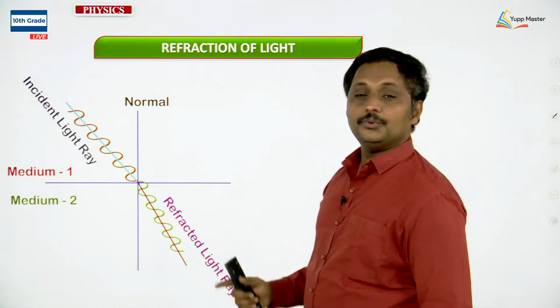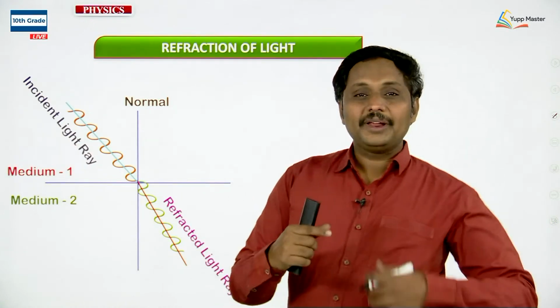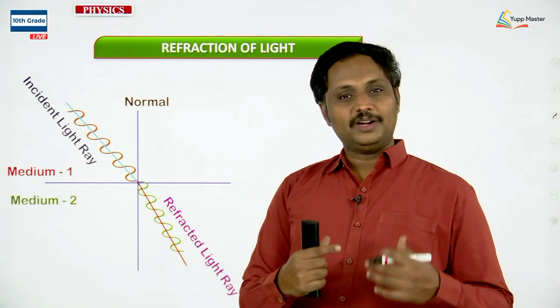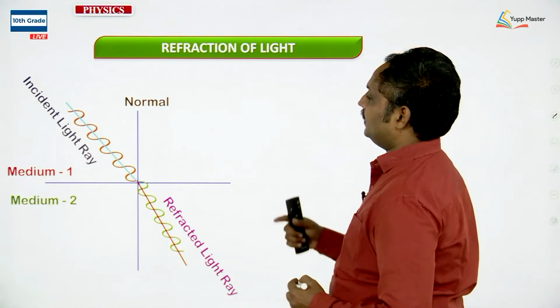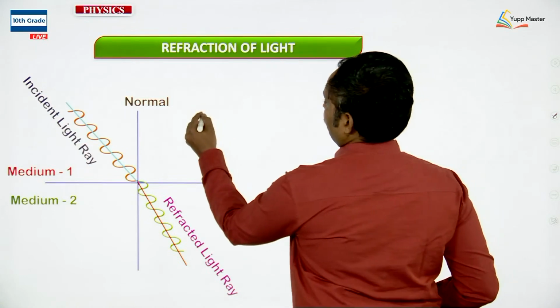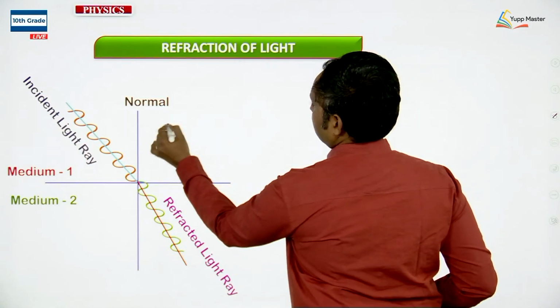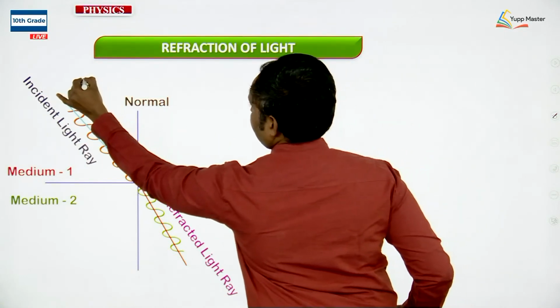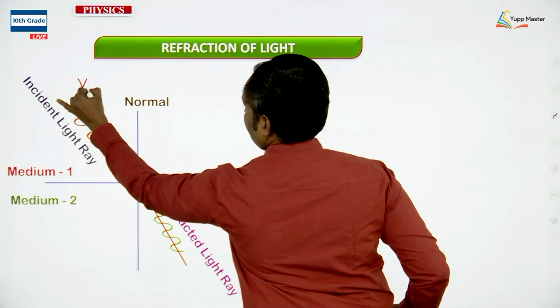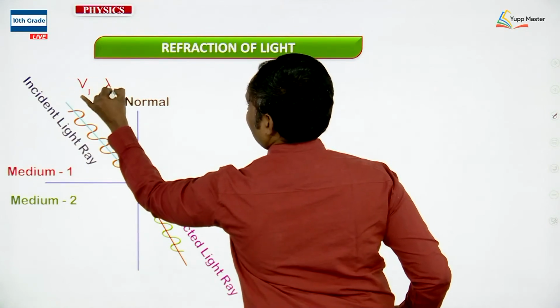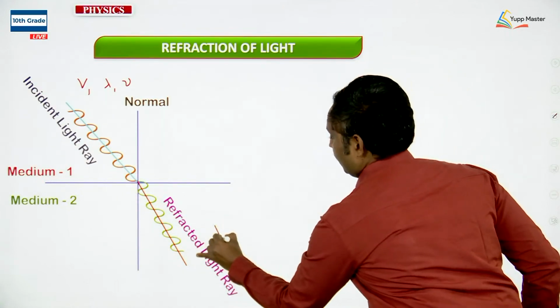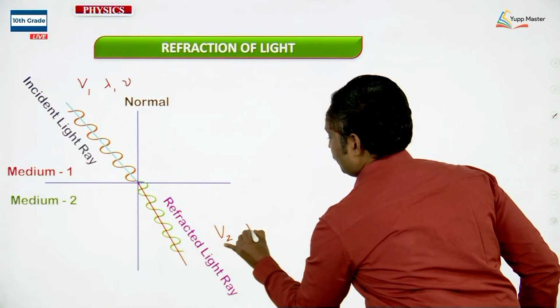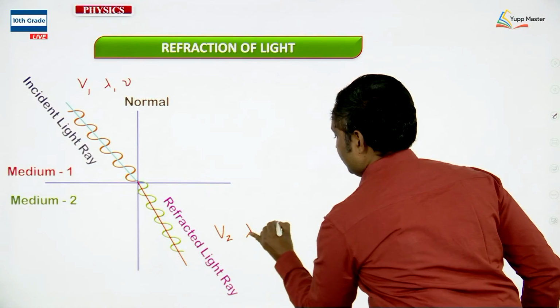If you consider the concepts you have learned in the lower classes, in medium 1 we have V1, lambda 1 and nu, and in medium 2 we have V2, lambda 2 and nu dash.